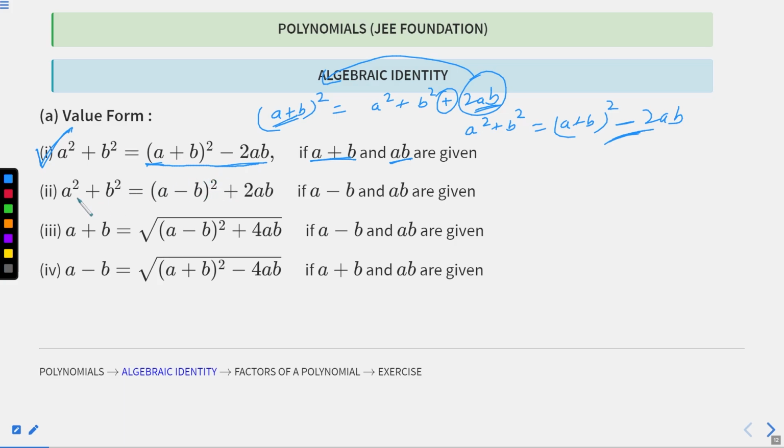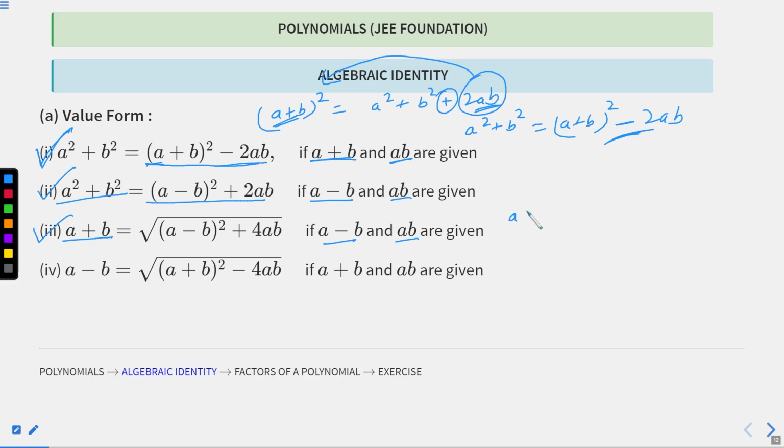So if the sum and the product are given, I will use this identity. If a − b and ab are given and I have to find out a² + b², then I will use (a − b)² + 2ab. Third, if a − b and ab are given, I can also use the property (a + b)² = (a − b)² + 4ab.